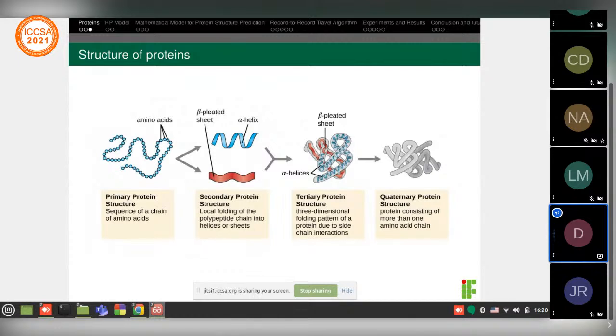Now, about protein folding. It is the process by which the protein goes from the primary to the tertiary structure. This process is very important because the protein has a biological function only in the tertiary and quaternary structure.